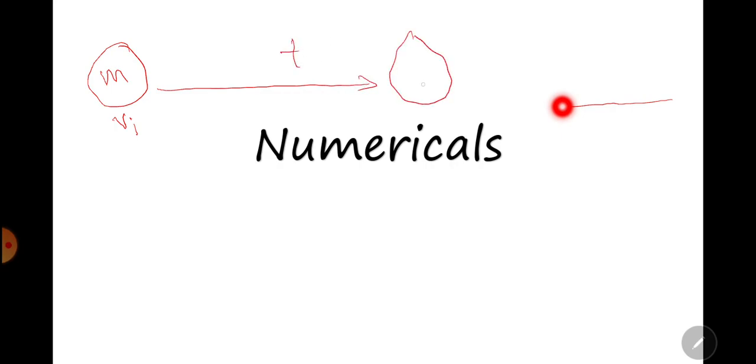Its velocity increases to vf, mass will remain the same. Then initial momentum is equal to m vi, and final momentum is equal to m vf.